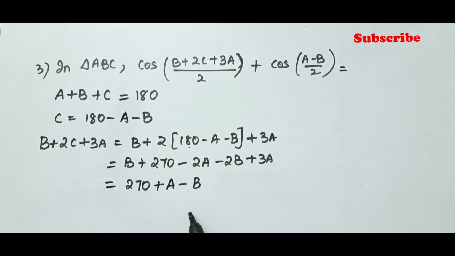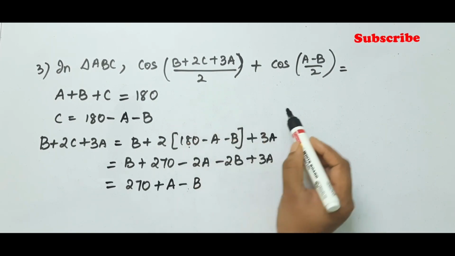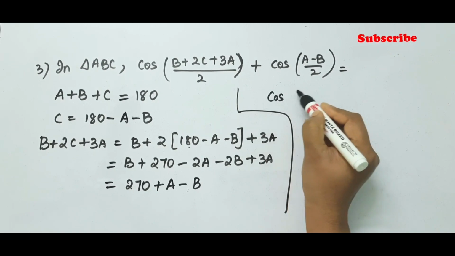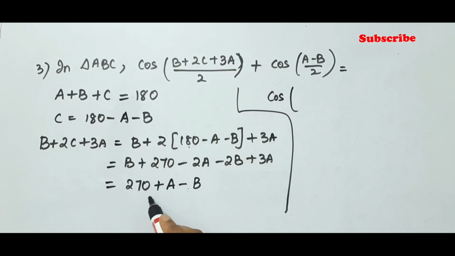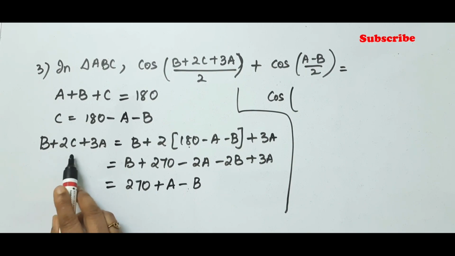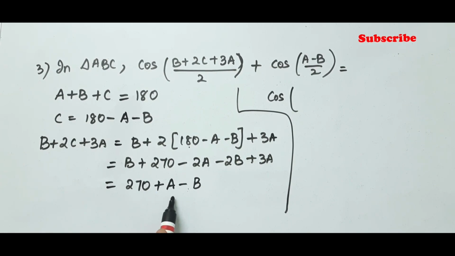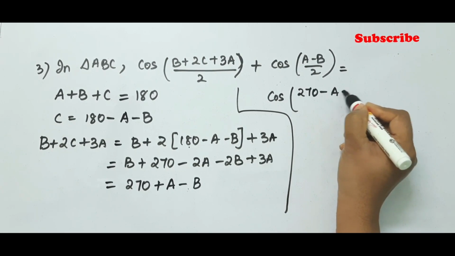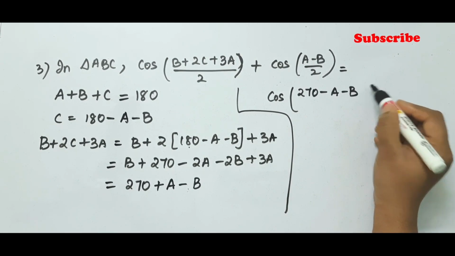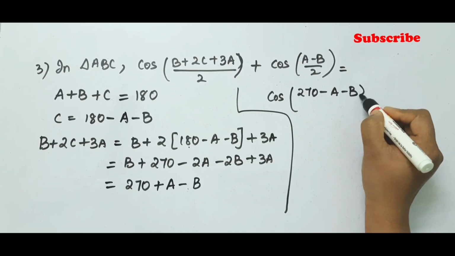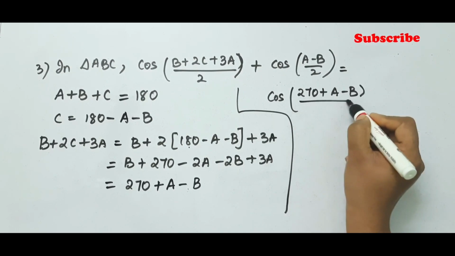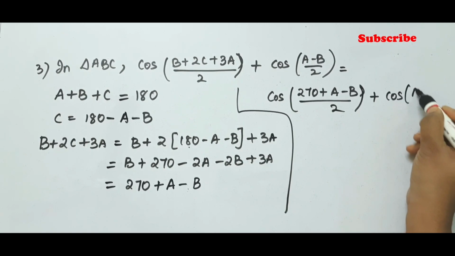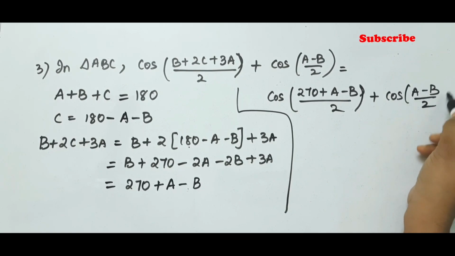Now we have to substitute this in this equation. So this becomes cos of (numerator B plus 2C plus 3A value, which is 270 plus A minus B) by 2, okay, plus cos of (A minus B) by 2.